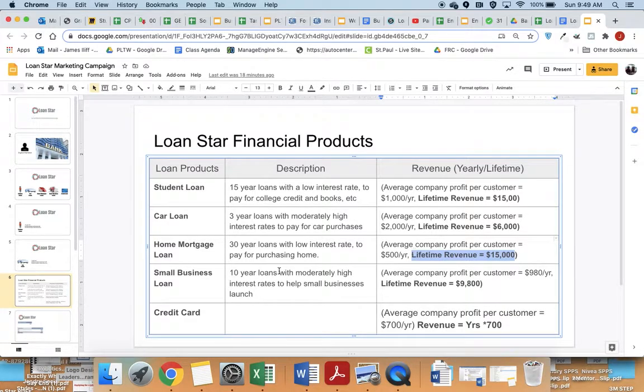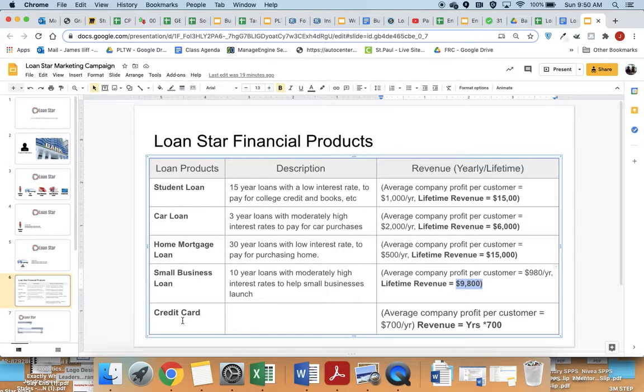Interesting. And you can just do that for the same thing, 10-year loan, and the small business loan we're saying is $980 per year in revenue. So the lifetime revenue is $9,800.